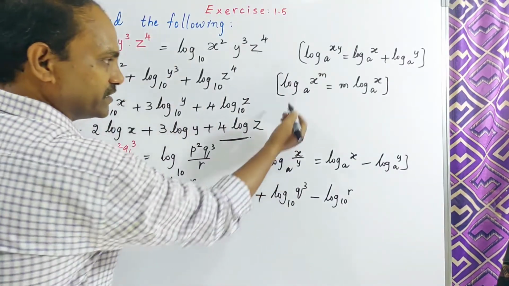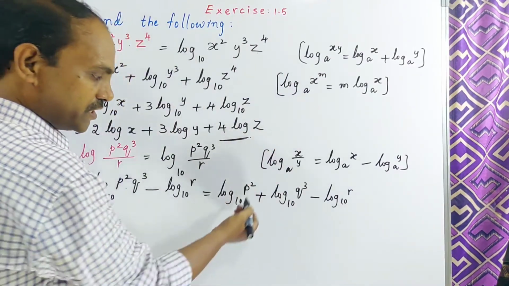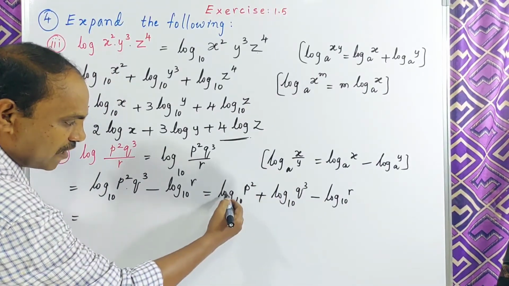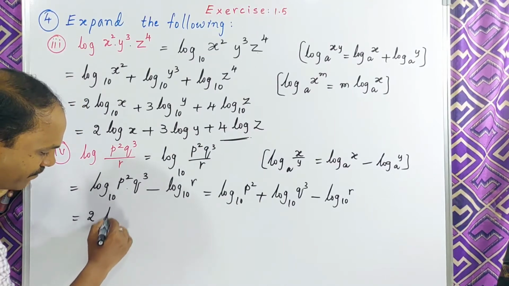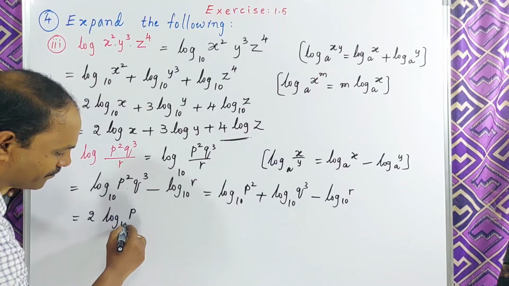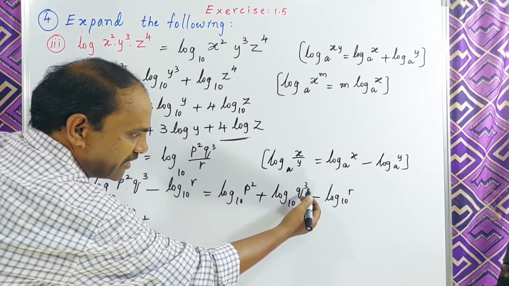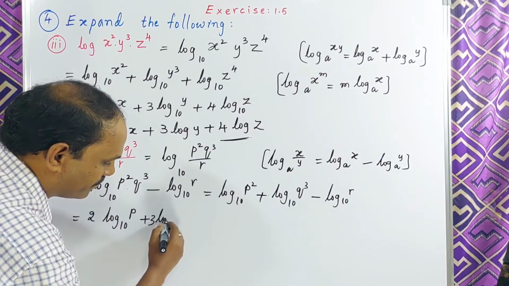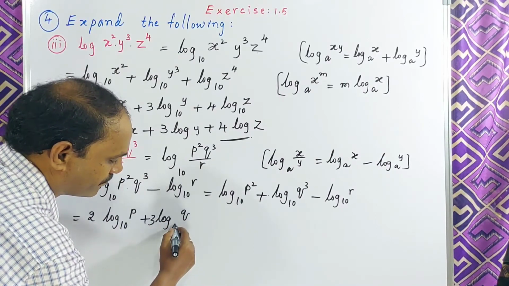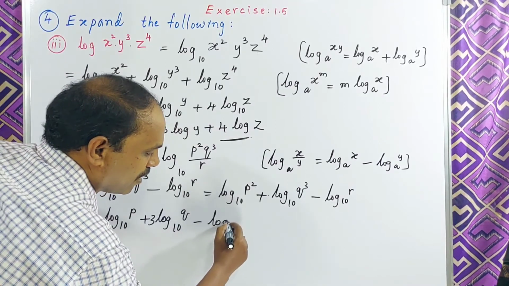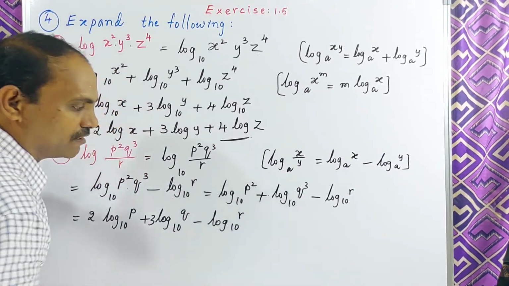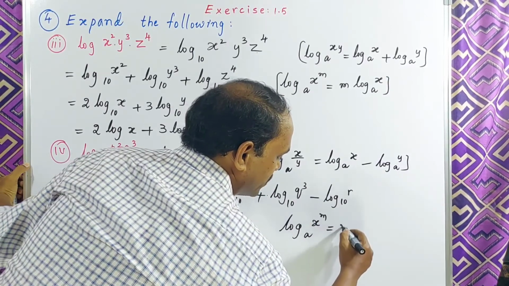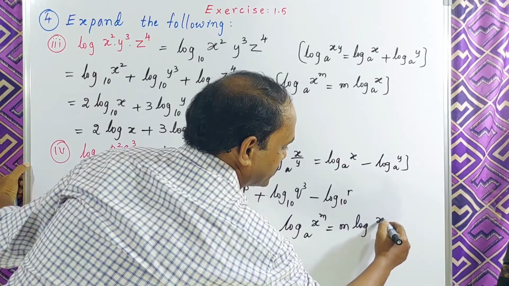Now by using the second formula again, exponents go in front. So this one is 2 log p to the base 10 plus 3 log q to the base 10 minus log r to the base 10, by using log x power m to the base a is equal to m log x to the base a.